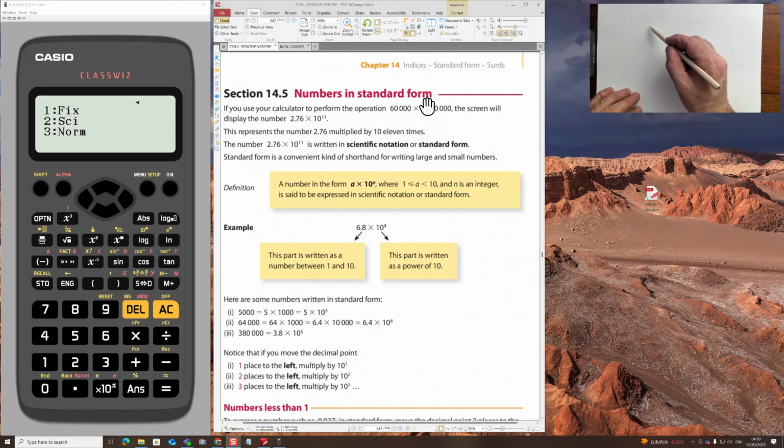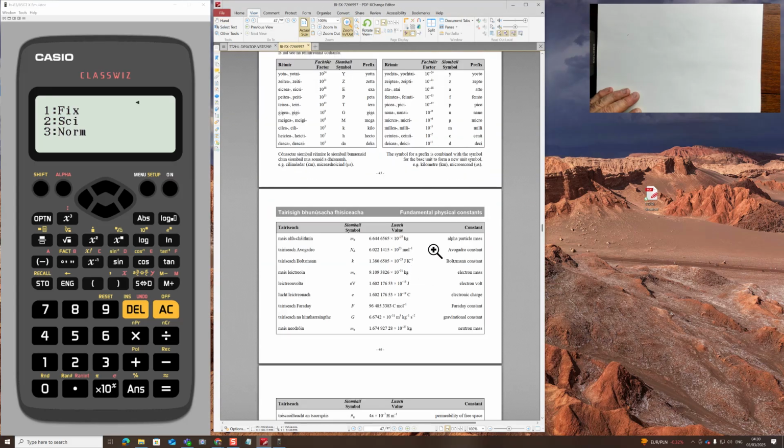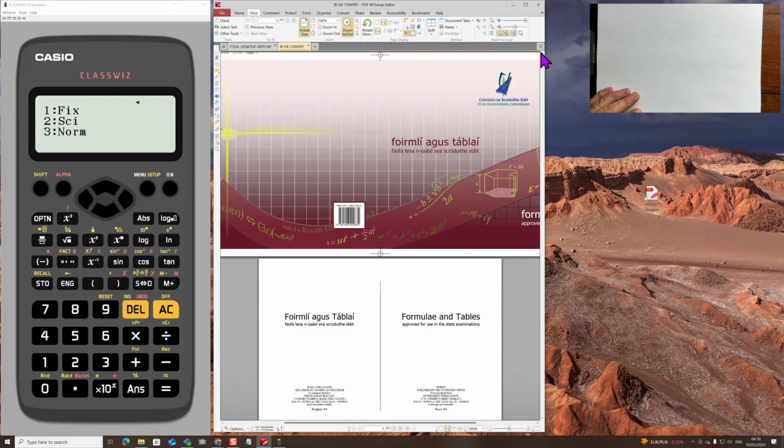A standard notation number, such as the speed of light. Let's look at the speed of light. If we go to fundamental constants on page 46, I just want to get you your bearings here.